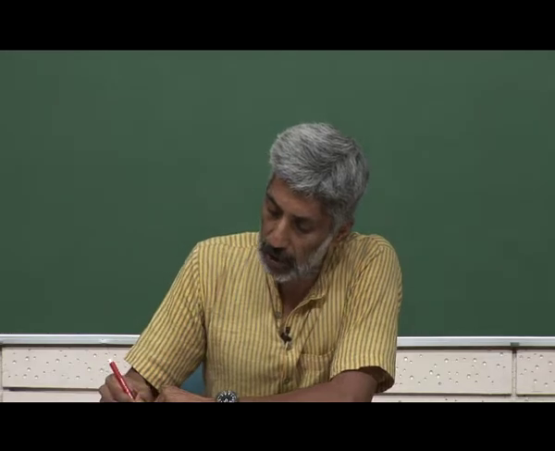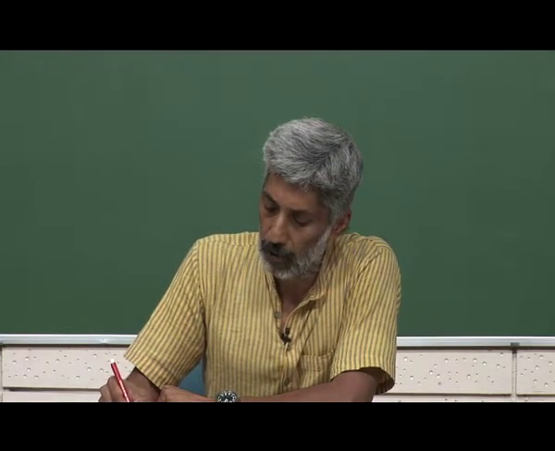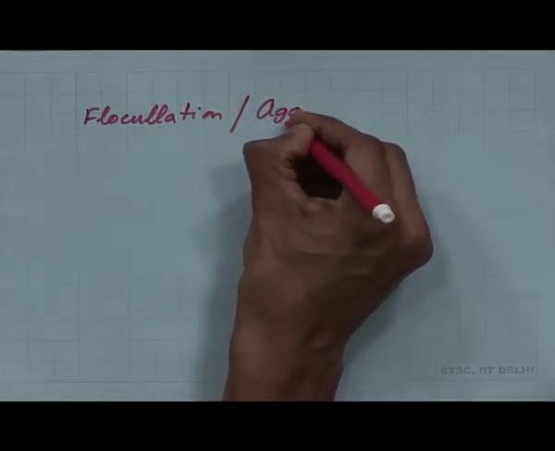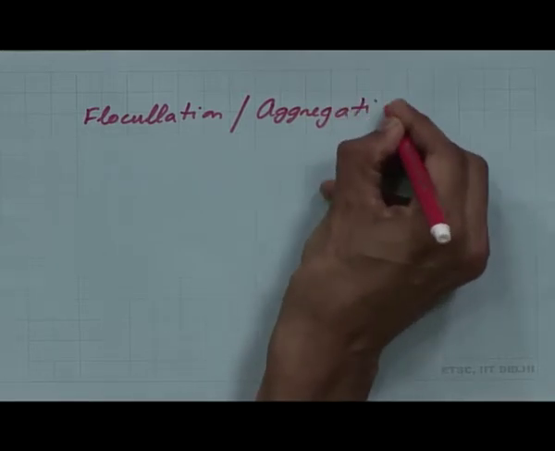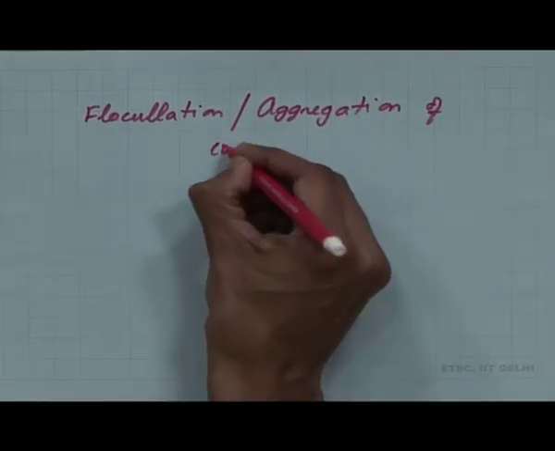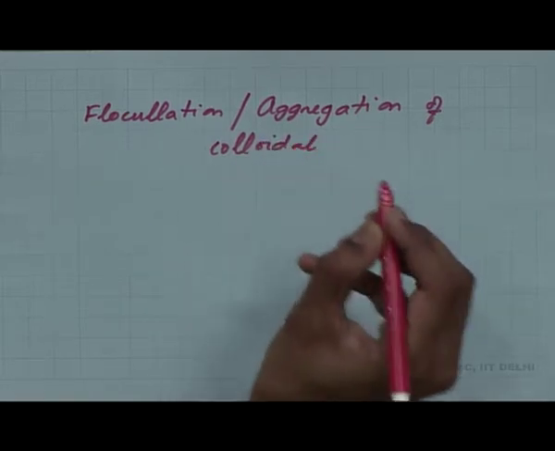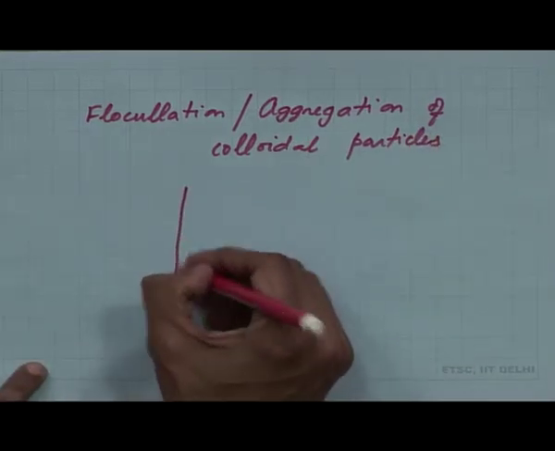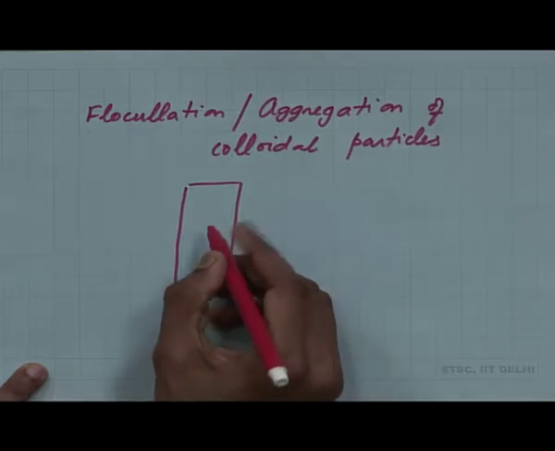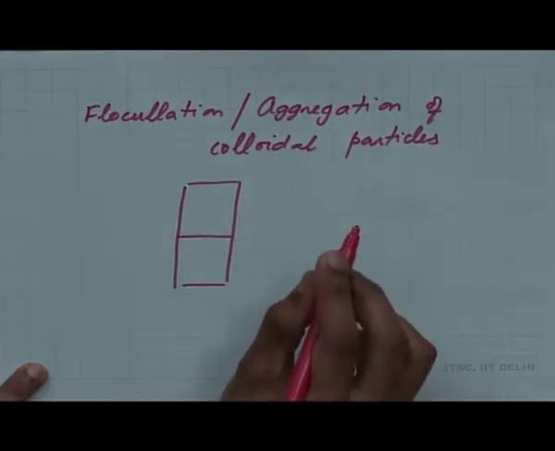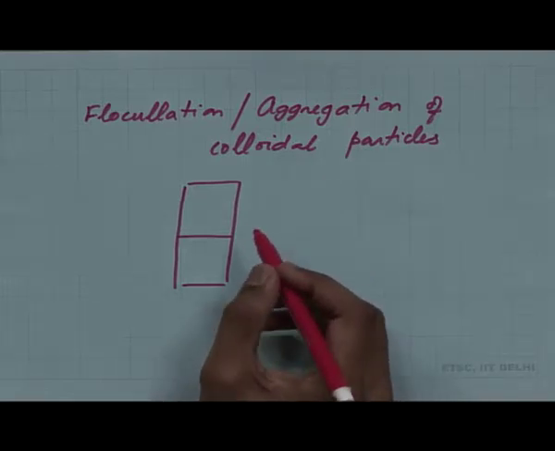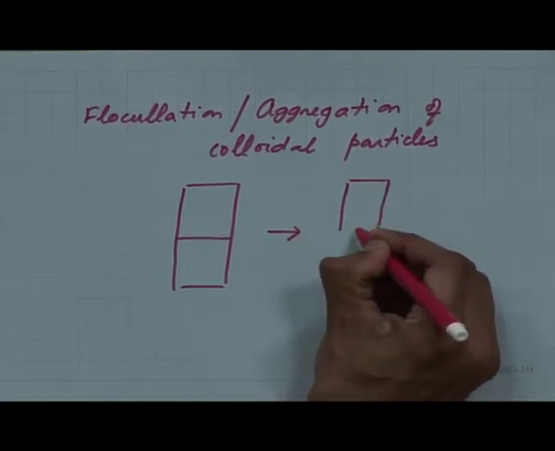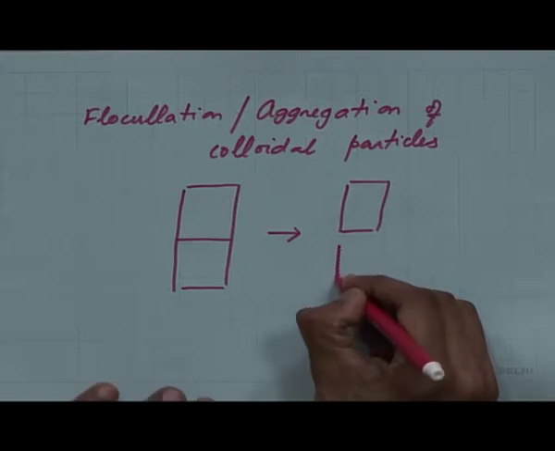Last class we were discussing flocculation or aggregation of colloidal particles, and we mentioned that if you consider a colloidal particle of whatever shape, here I am considering a cuboidal shape, and imagine that I break this up into two particles of this type.